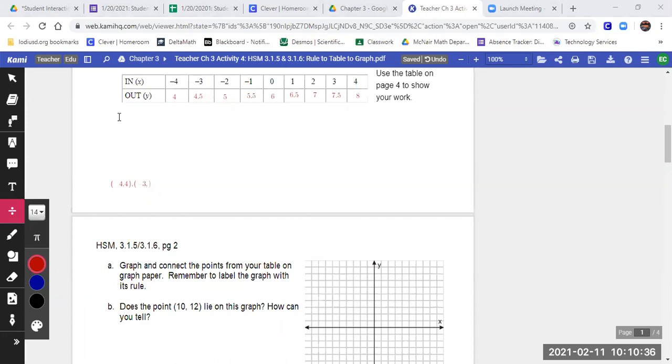Negative 3, 4.5. Yep. So we're just making the list of coordinates, just like we did in the last problem, okay?